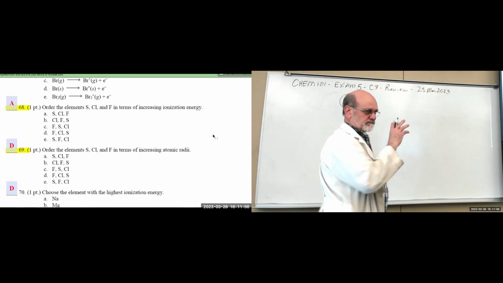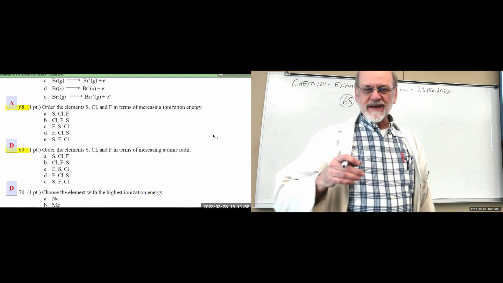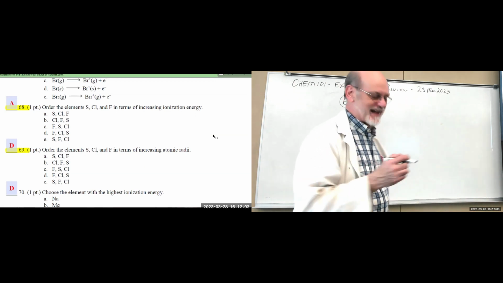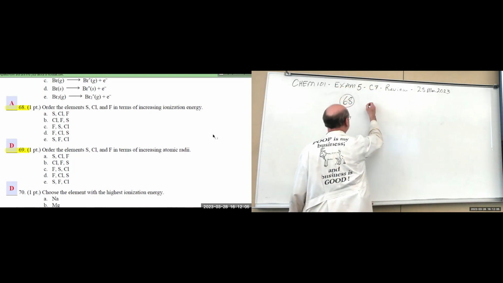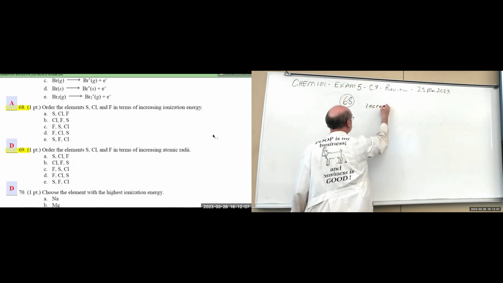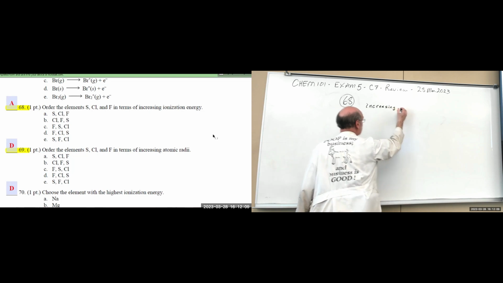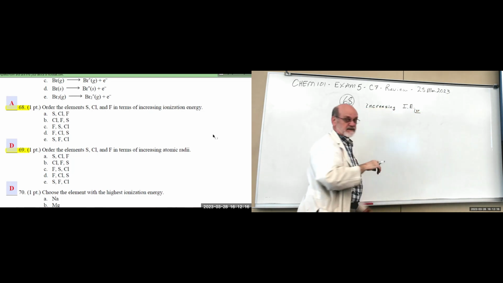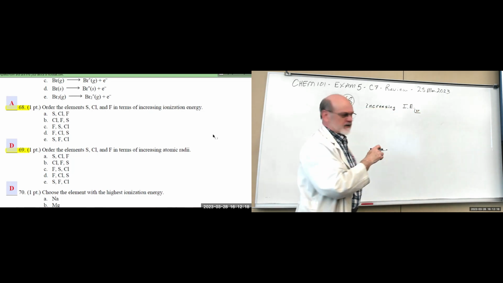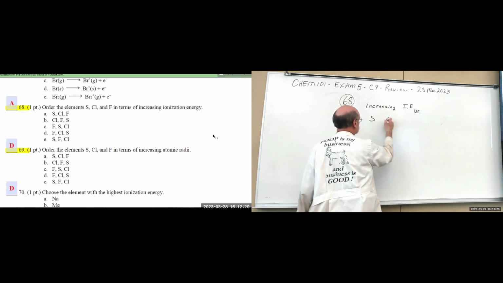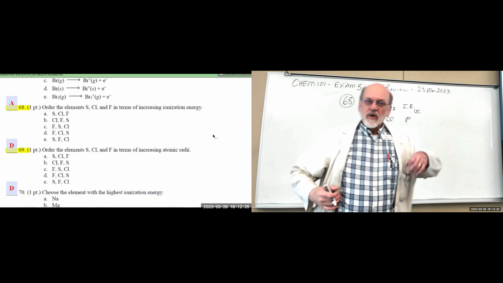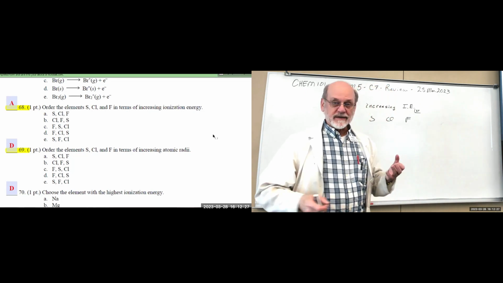68. Order the elements sulfur, chlorine, fluorine in terms of increasing ionization energy. Actually, this is first ionization energy. That's understood.